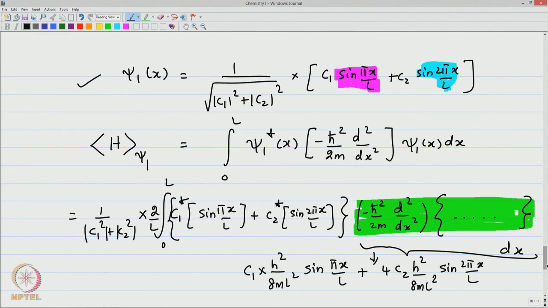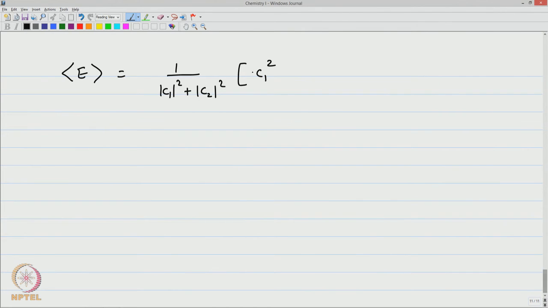So, you have 1 by the absolute value of C1 square into h square by 8 m L square plus the absolute value C2 square by h square by 8 m L square times 4. So, this is the energy that you need to calculate. This is the energy. This is the average value.